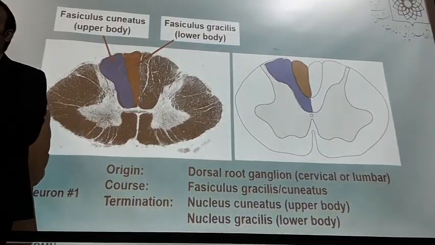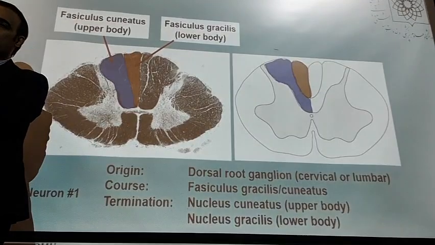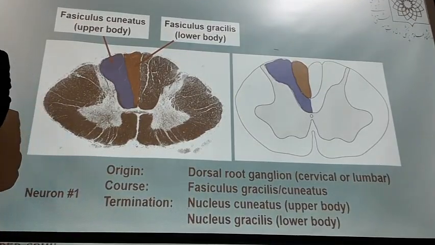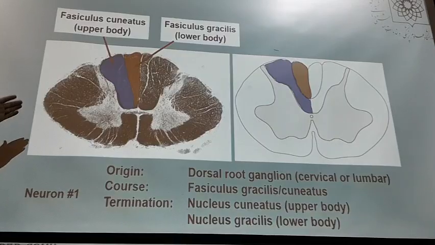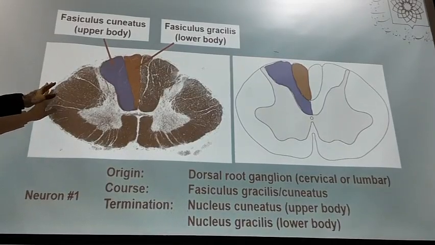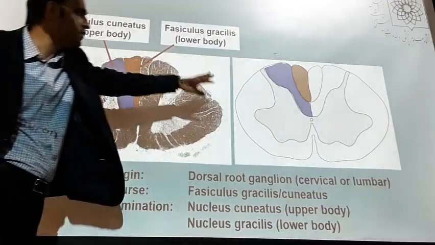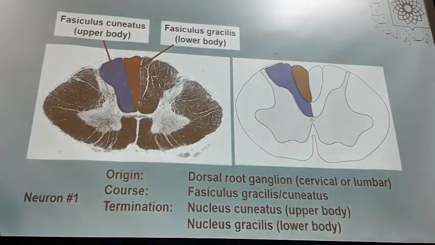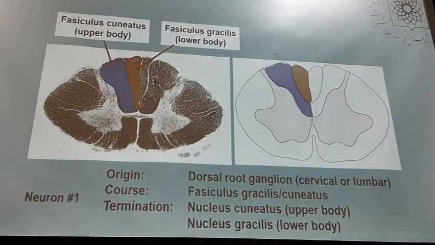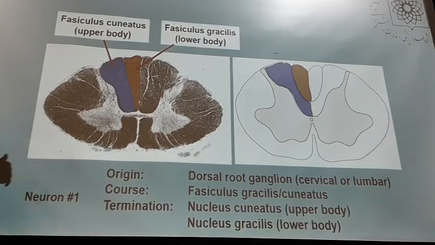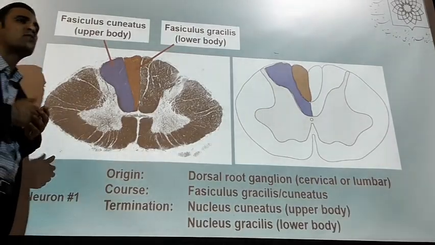These are the trunks of the nerve passing alongside each other. But you see, there is no crossing: from the right side of the body to the right side, from the left side of the body to the left side, and they remain separated from each other to reach the medulla.